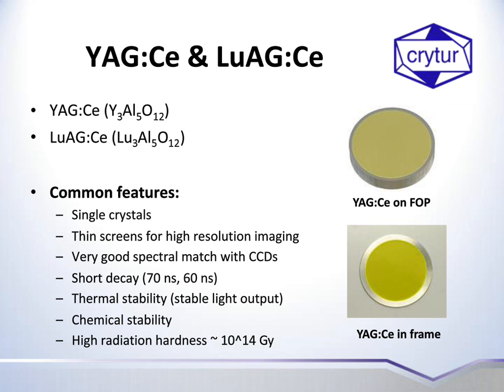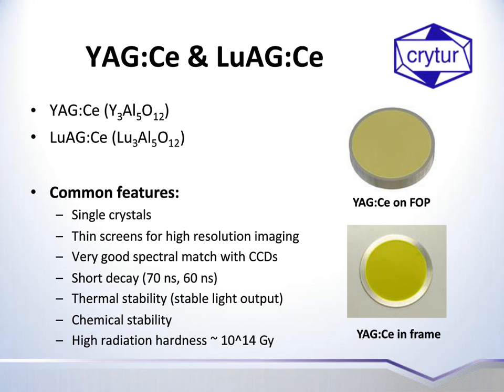They have a great spectral match with a CCD, short decay times, and thermal stability, which is great because if you need to use them in vacuum, you need to get the heat out of the scintillator, so the heat will not stay in the scintillator.